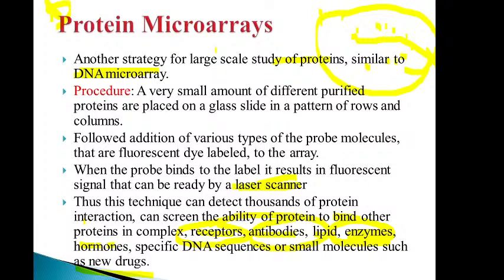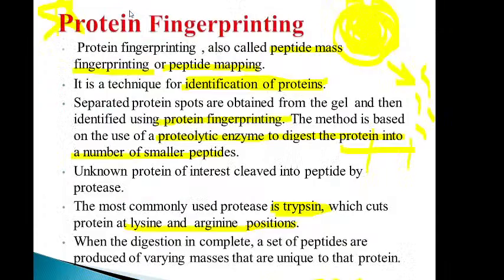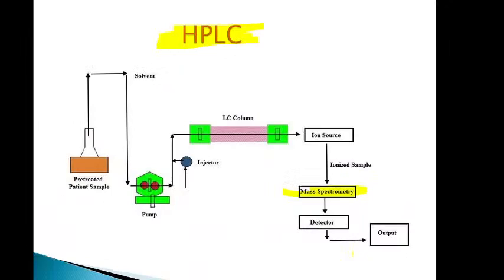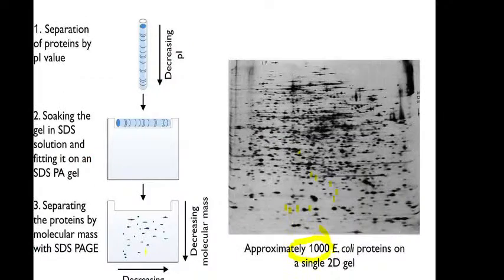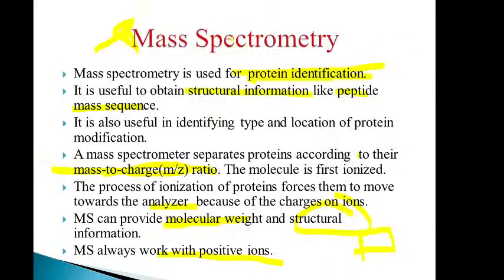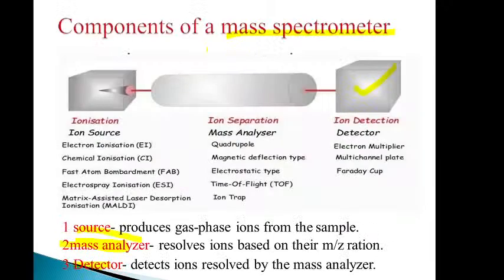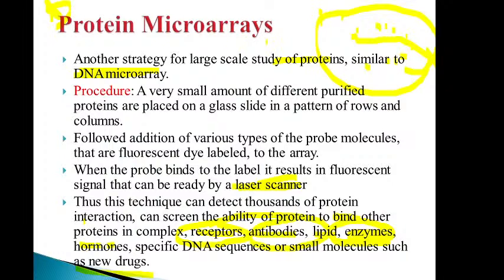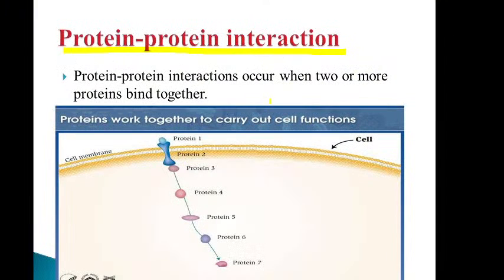When we want to work, we have thousands of proteins which we get by electrophoresis, but our main focus is on only 10 proteins. So for the identification of those 10 proteins, we have mass spectrometry, protein fingerprinting, and protein microarrays. I hope you are able to get it till now.